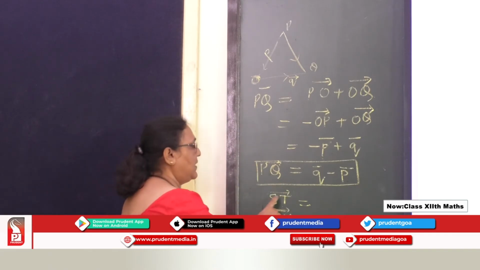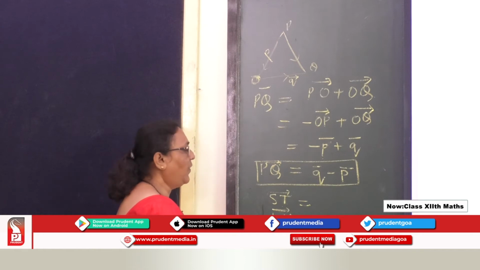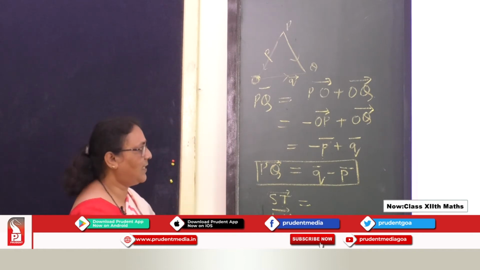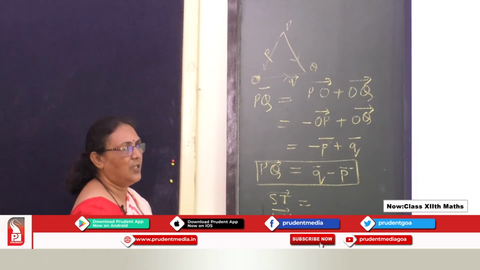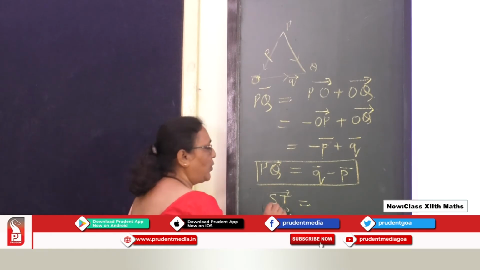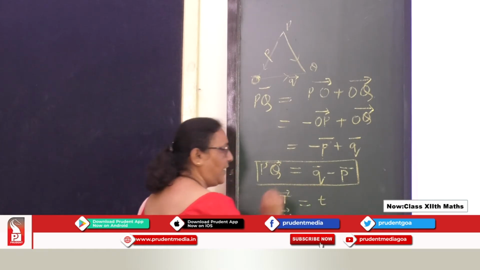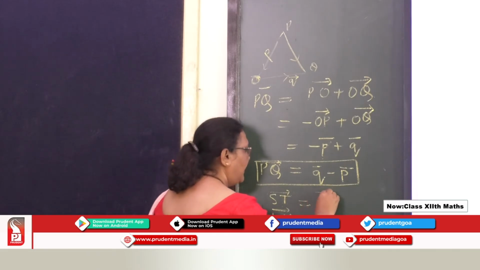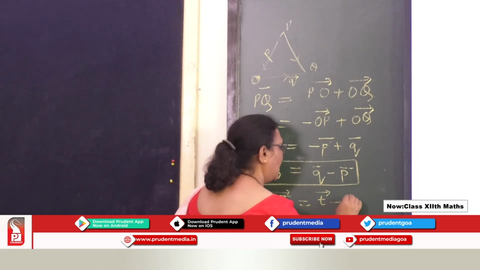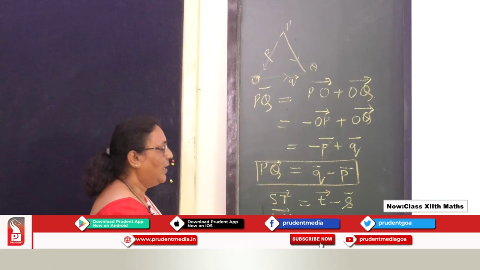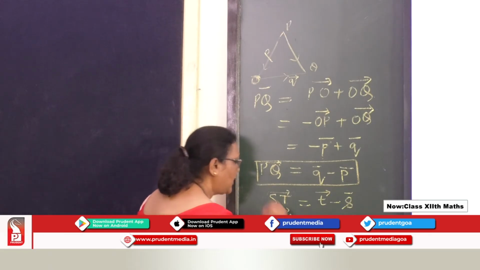Now I am giving one example here: ST, suppose Sachin Tendulkar. So T is there, you have to write small t, Tendulkar minus Sachin, like this. Now LM, Lata Mangeshkar.